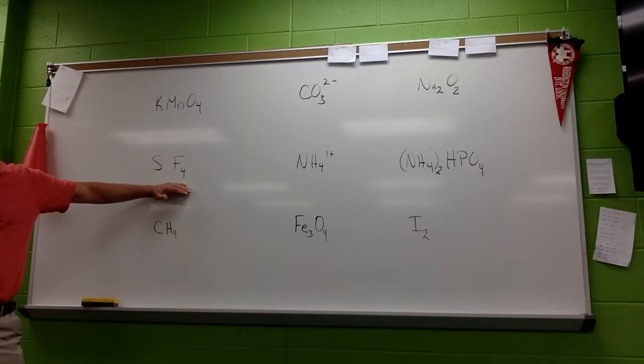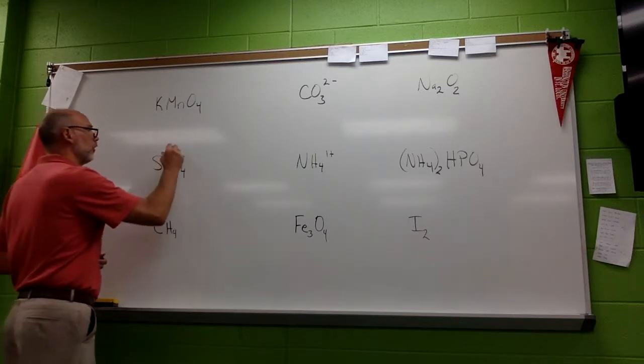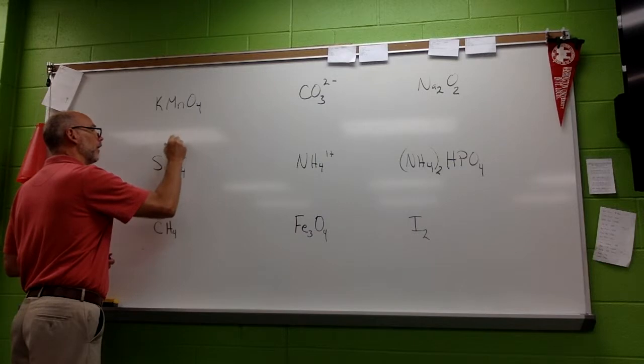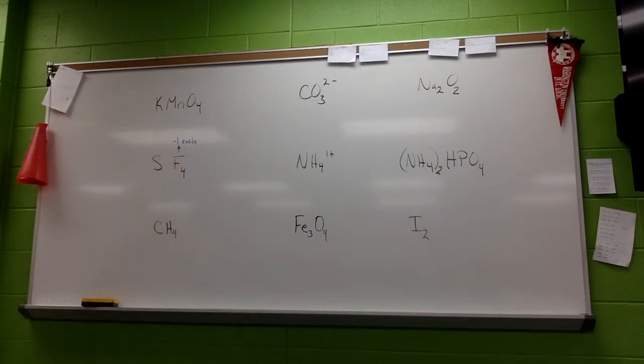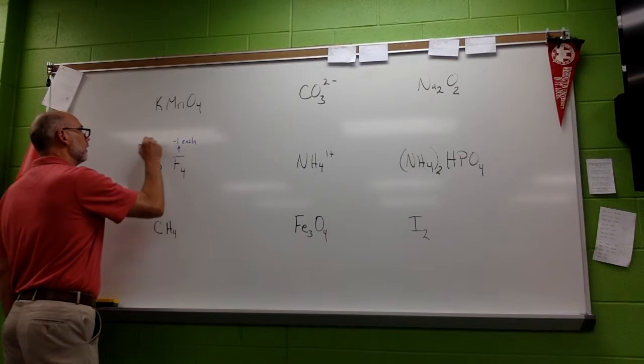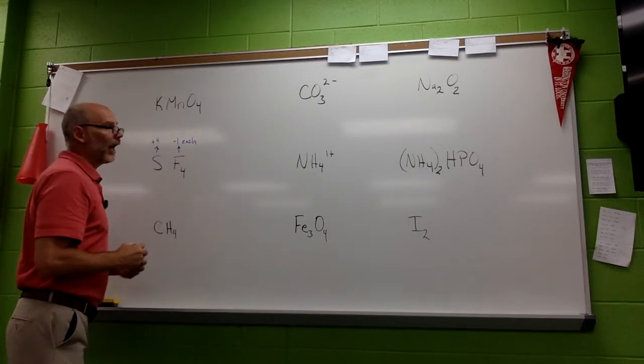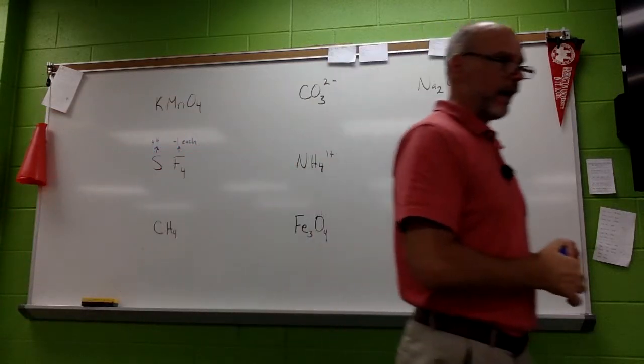Fluorine is -1. So what you would do is somehow indicate that it's -1 each. Each of the fluorines is -1. Therefore, the sulfur would be +4. So for now, get in the habit of doing things like that.